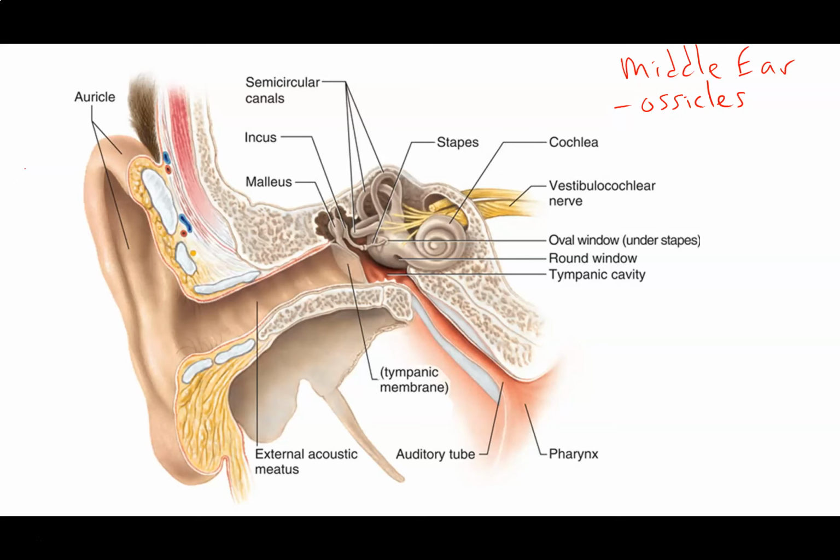So if you're familiar with the sensation of your ear popping, what's happening there is as you go up into an airplane or as you go up into the mountains, the amount of pressure on the outside of the eardrum is going down relative to the pressure on the inside of the eardrum, because as you go up in elevation, air pressure decreases.